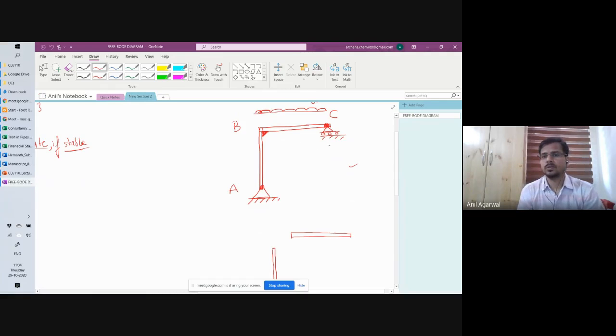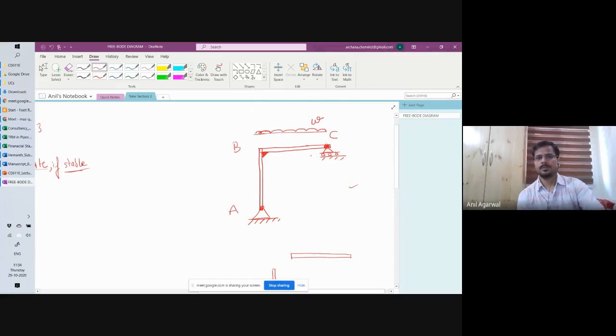Moving forward on this frame, we will solve this frame also quickly. We will try to solve at least. So you've got frame ABC. We will first see whether it is a determinate or an indeterminate structure. What you see here is this triangle at joint B, between AB and BC.